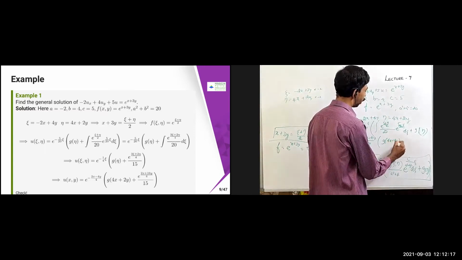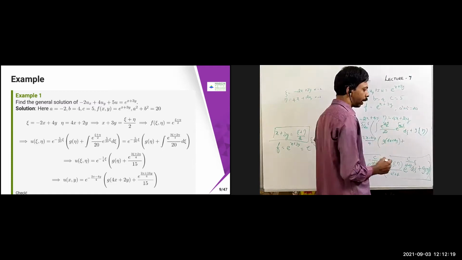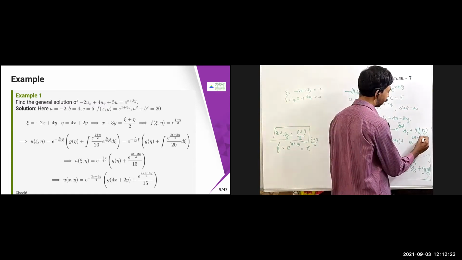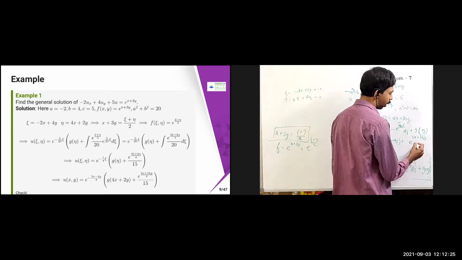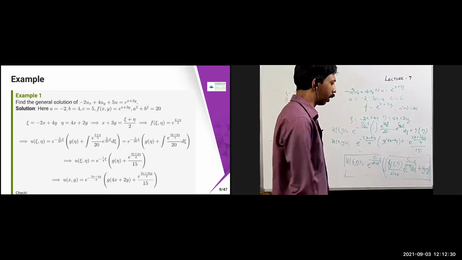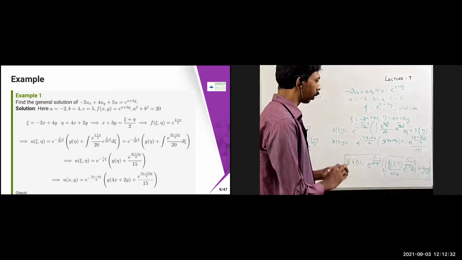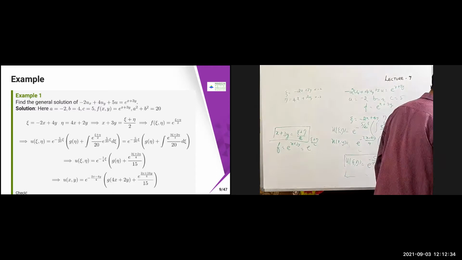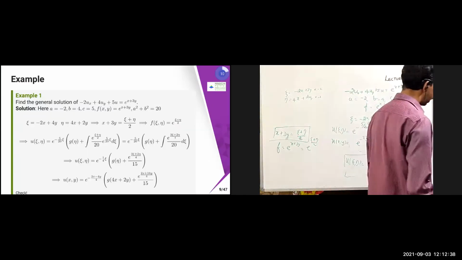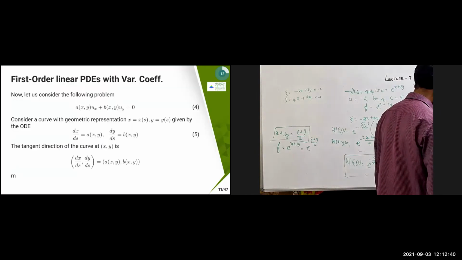And then plus this term also, simplify it and then do the integration. So you have to check whether it is correct or not: 2x plus 16y by 4 divided by 15. Just check it. I'll leave it to you as a verification.